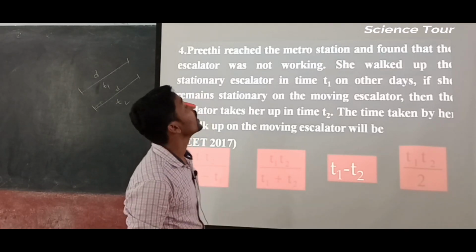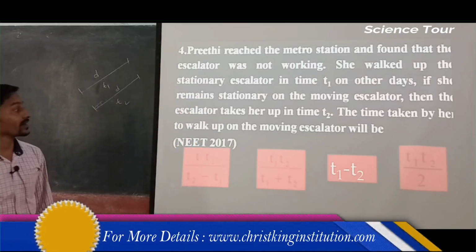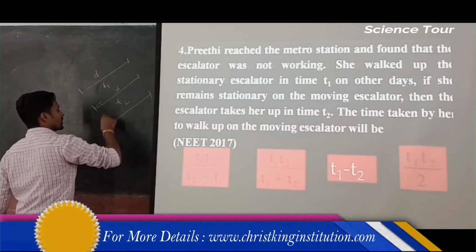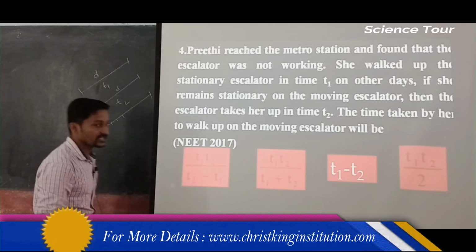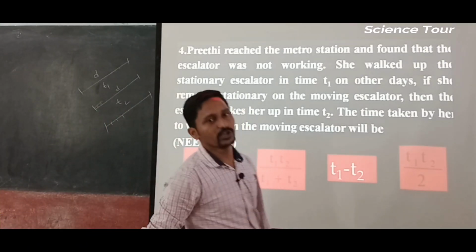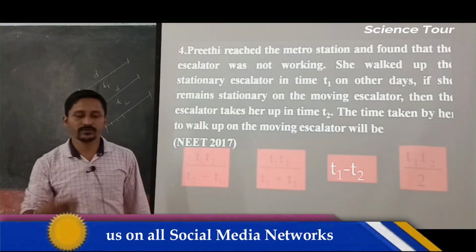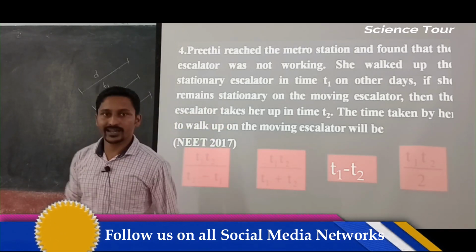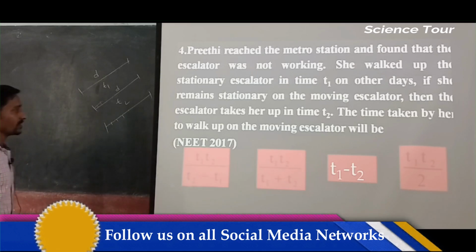The time taken by her to walk up on the moving escalator, now both the escalator is also moving and she is walking on that. Sometimes if you go to a shopping mall, a moving escalator will be there, and you will walk on that. And like that, what is the time taken?